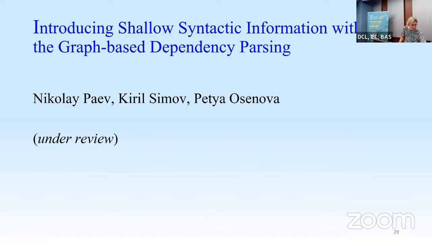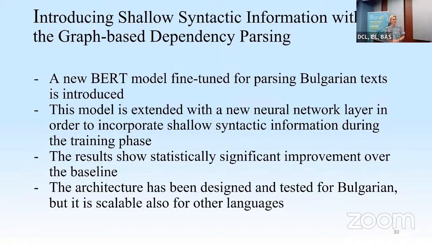Okay, so here a new BERT model fine-tuned for parsing Bulgarian text is introduced. This model is extended with a new neural network layer. So this is basically manipulation of the model itself. And the idea is that we want to incorporate some shallow syntactic information during the training phase.